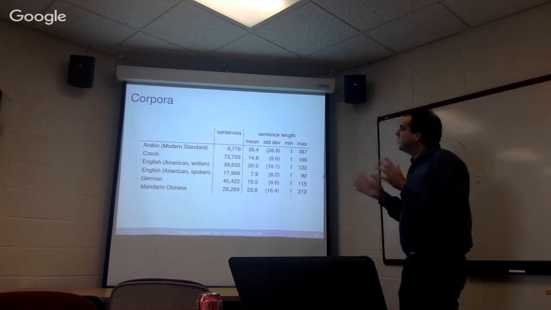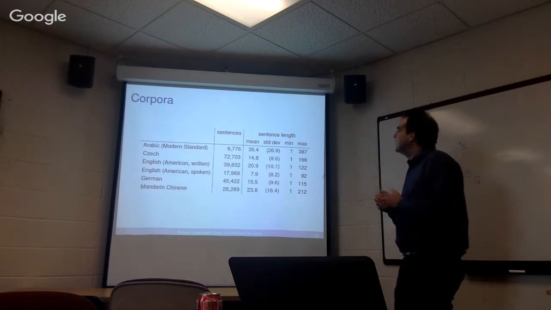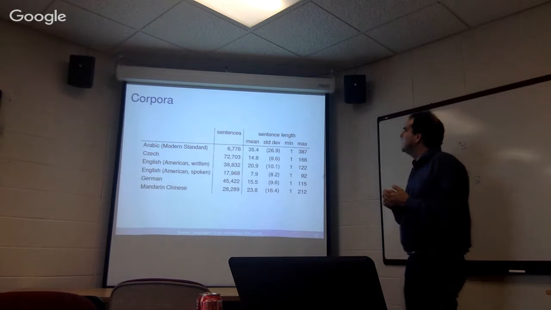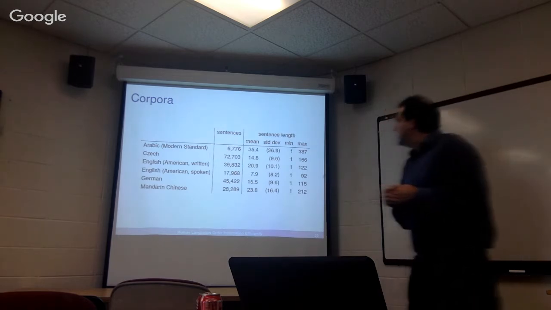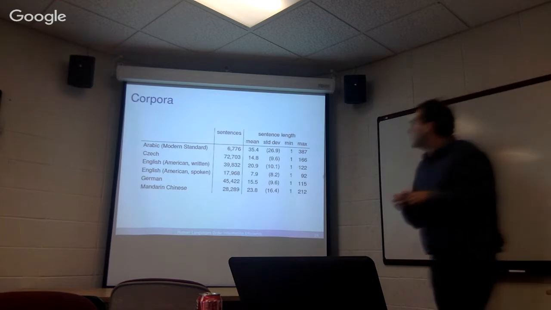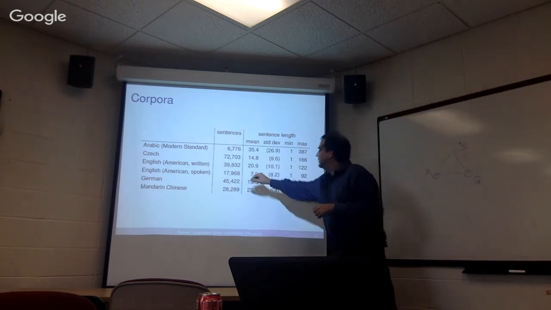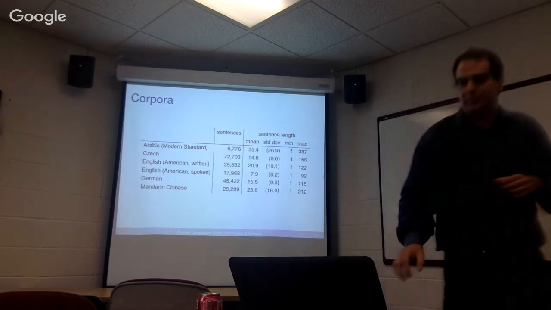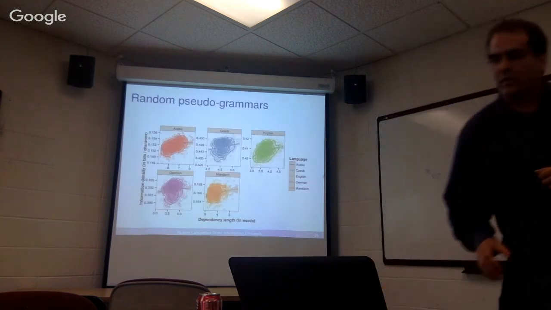So we're doing languages where we have these 6,000 sentences that have been annotated with trees. And here's the average sentence length. This is the one spoken data set that has much shorter sentences. Mostly it's newswire.